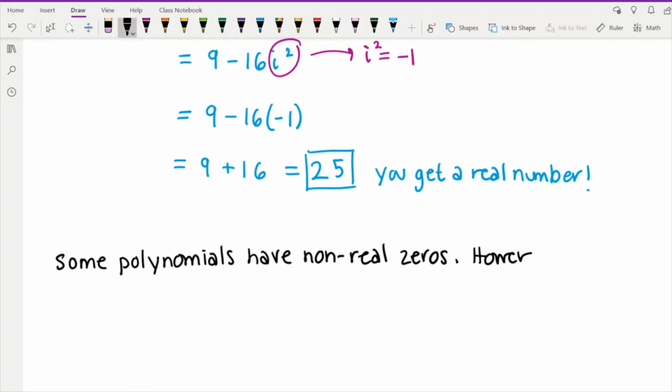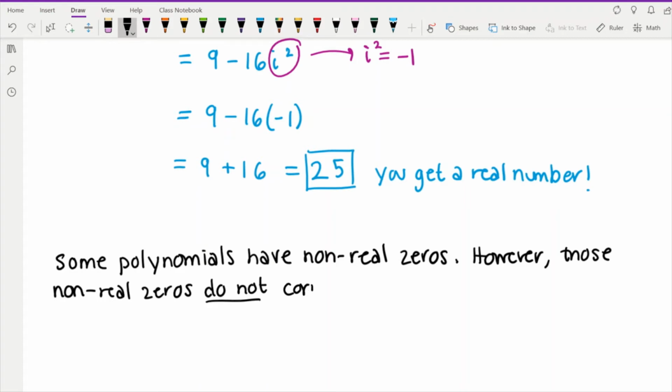However, those non-real zeros do not correspond to x-intercepts. Basically, only real zeros give you x-intercepts. Non-real zeros are still worth noting, but they're not going to show up in the graph in the same way.